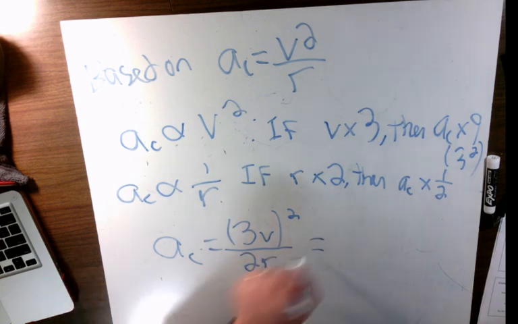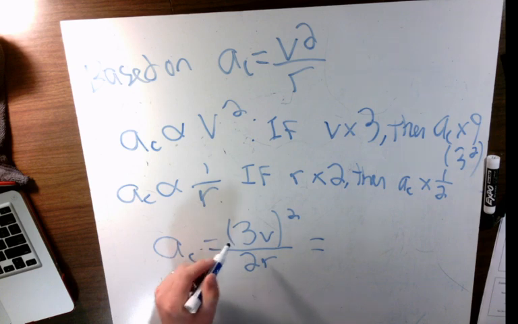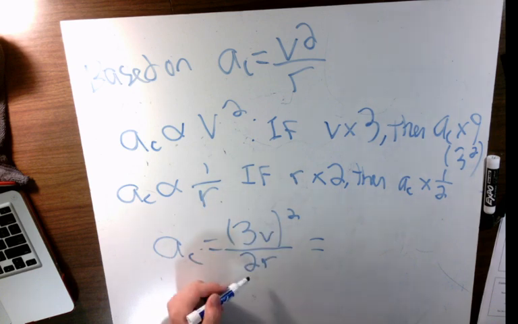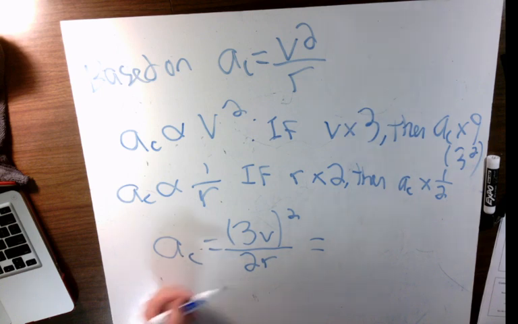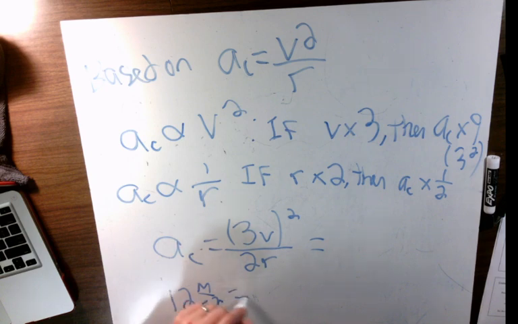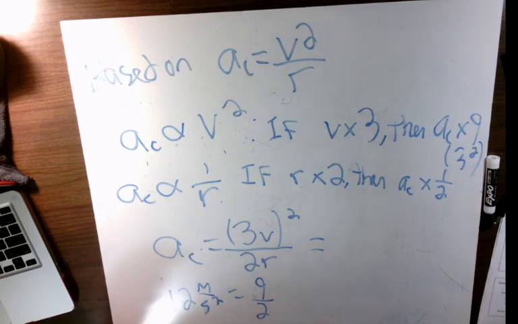We end up with, sorry, we have 9 divided by 2, which is going to be multiplied by our starting acceleration. So we started with 12 meters per second squared, is equal to 9/2 of our starting acceleration. Sorry.